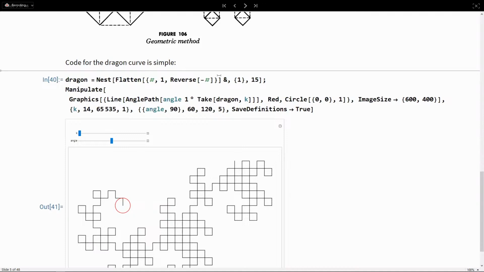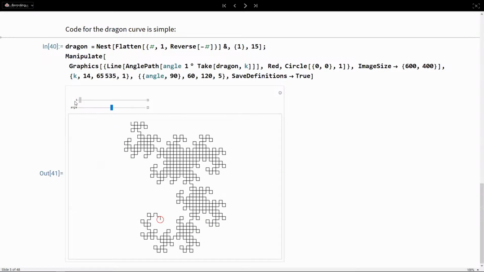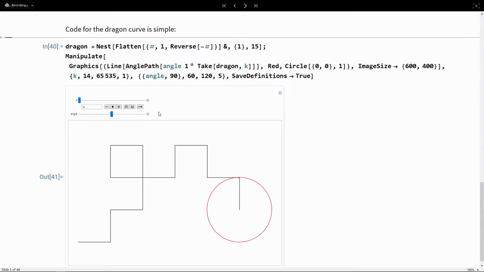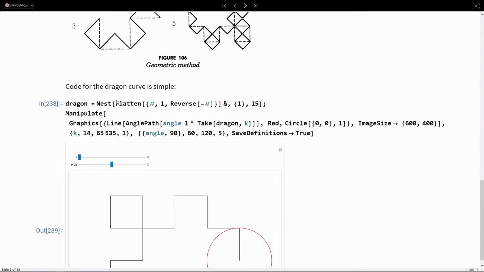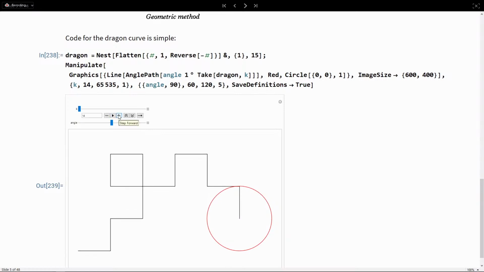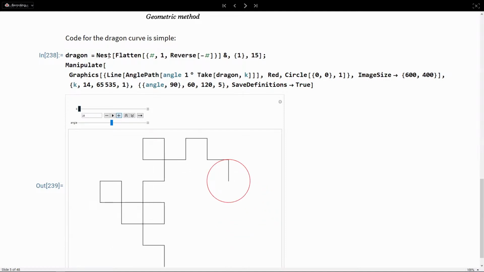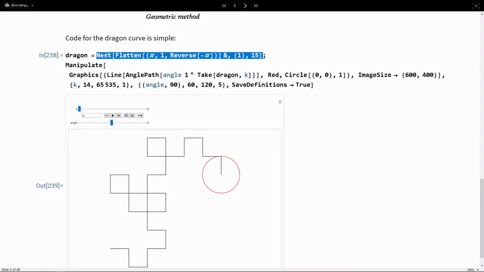And this is easy to do with code. If we start here, let's go down to 0. We can add on to the curve by following this series, which is given by this code here.